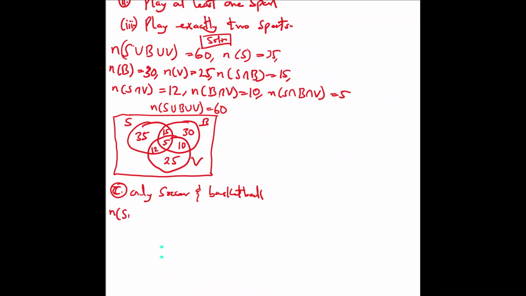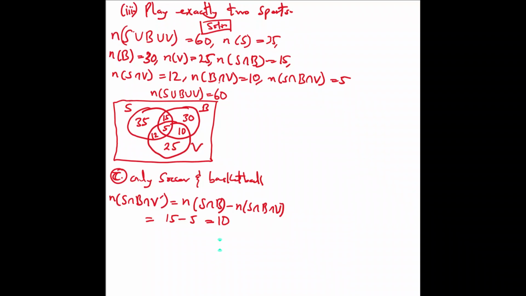That will be the number of S intersection B intersection V complement. The formula will be the number of students who play soccer and basketball minus the number of students who play all three. So that will be 15 minus 5, which is equal to 10.